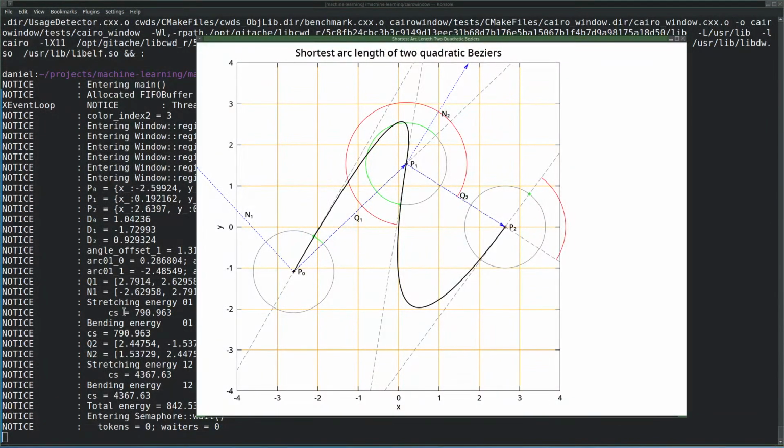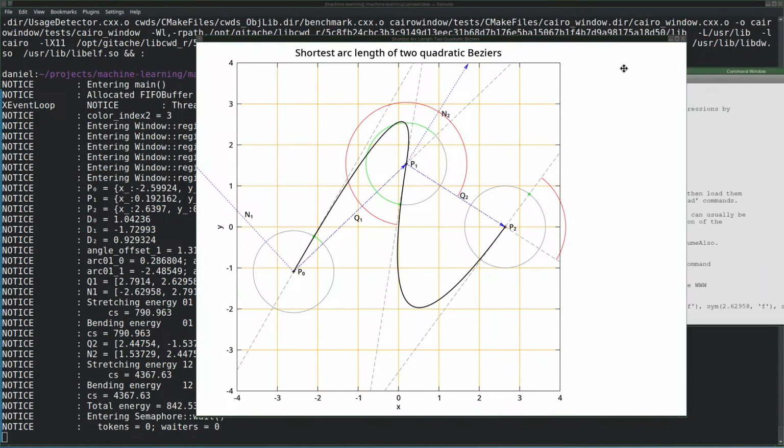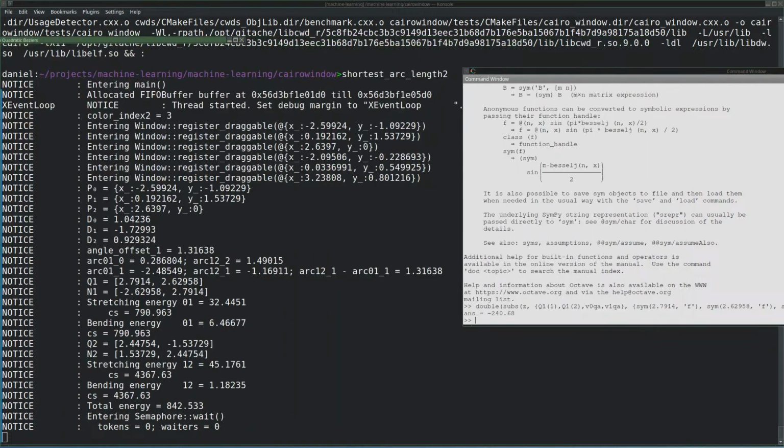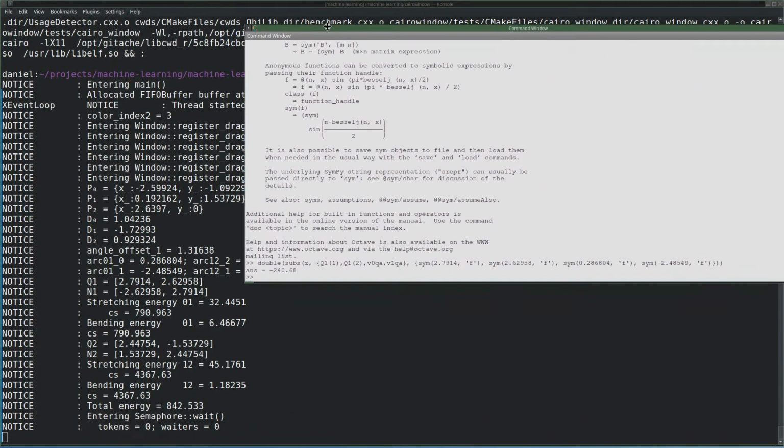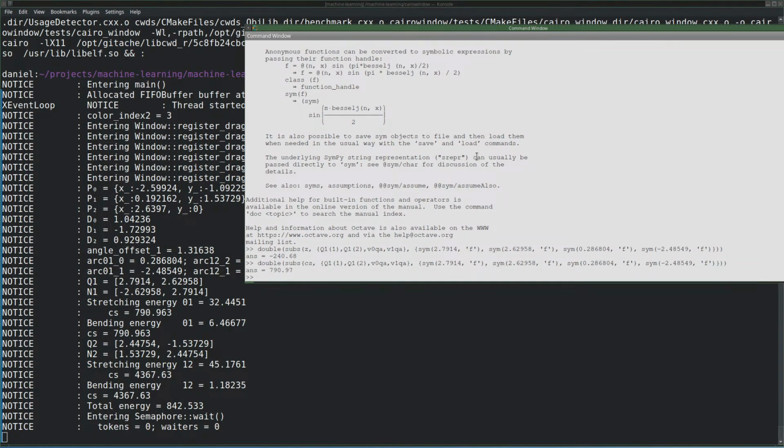Then we get a CS of 790. Does homework. So I call this hopefully the same. CS, return, 790.